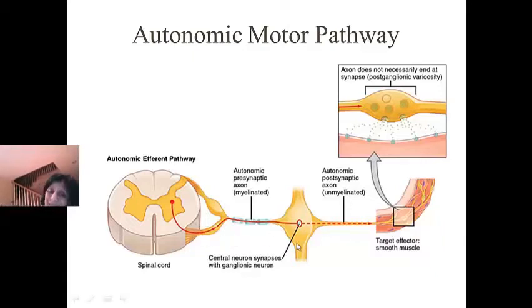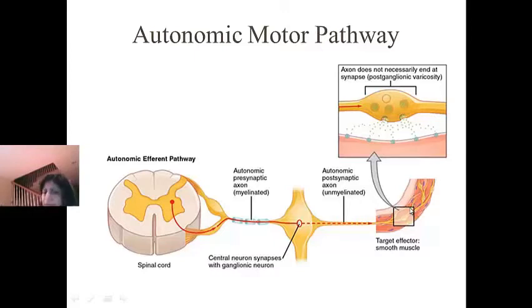Instead, it ends in a ganglion. So this solid line is the first neuron that leaves the CNS, ends in the ganglion, synapses with a second neuron, the dotted line, which then terminates on an effector.